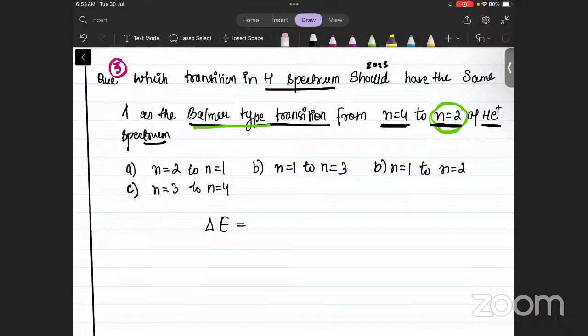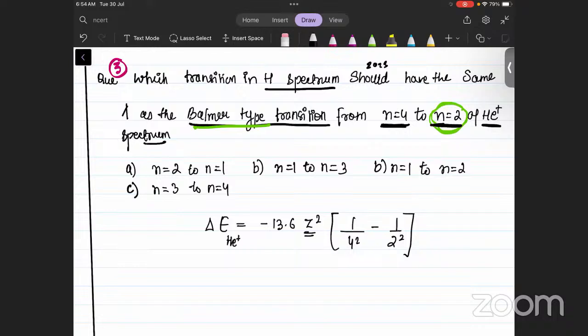Right here, how you can write delta E is minus 13.6 Z square, right? So then you can put the values. Initially it was at the fourth state and then it was going to the second state. Z for this is for helium positive.